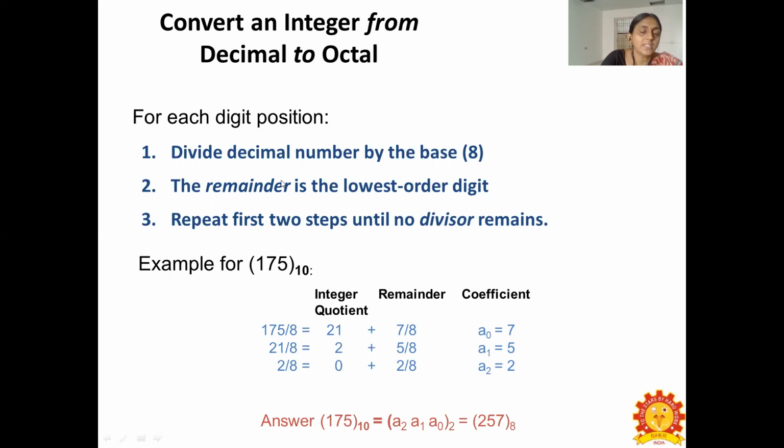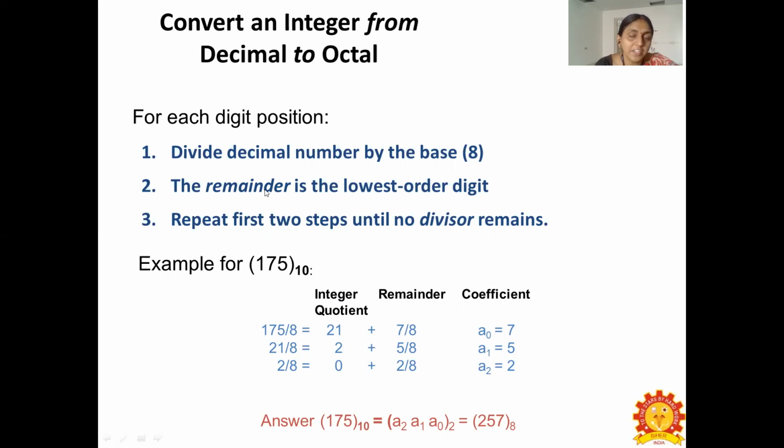If it is hexadecimal, we have to divide this decimal number by 16. So here we have to divide the decimal number by the base of the destination number format. Clear? The base value of the destination number should be given as the denominator value here.